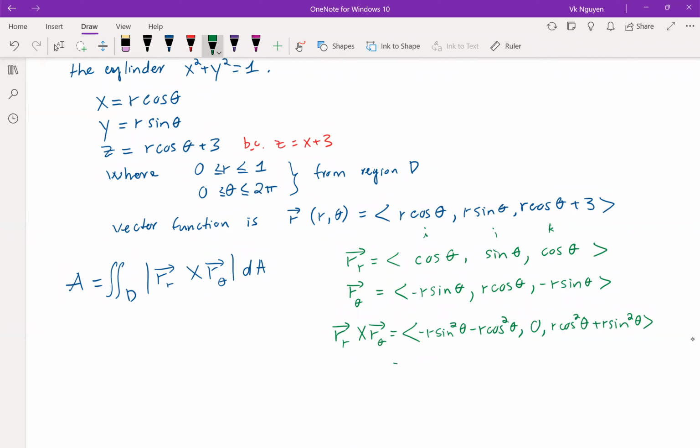Simplify this sucker here. You can factor the r here and then simplify this thing here. So negative r, 0, r. Once we simplify this, take the magnitude.